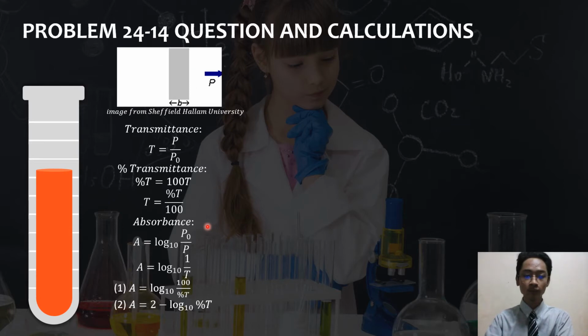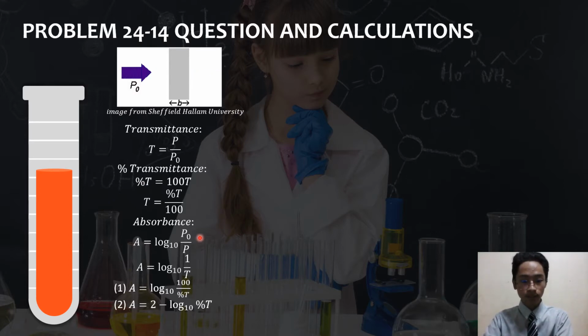So from the formula for absorbance, we can get the formula for percent transmittance. Here, absorbance is equal to log of P sub 0 over P. From the formula of absorbance, we can use the relationship of the formula of transmittance and the relationship of transmittance to percent transmittance.